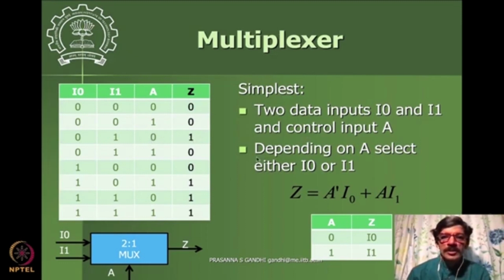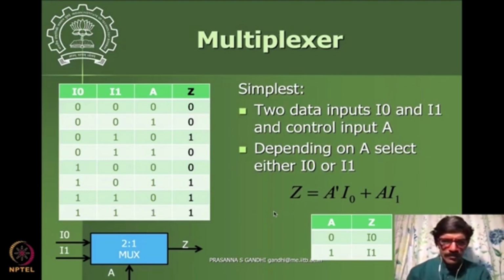So depending upon the A select, when A is 0 it should select I0 or I1; we will see what is getting selected here. Here A is 0, it is selecting I1, and A is 1, it is selecting I0. Here again the same thing.